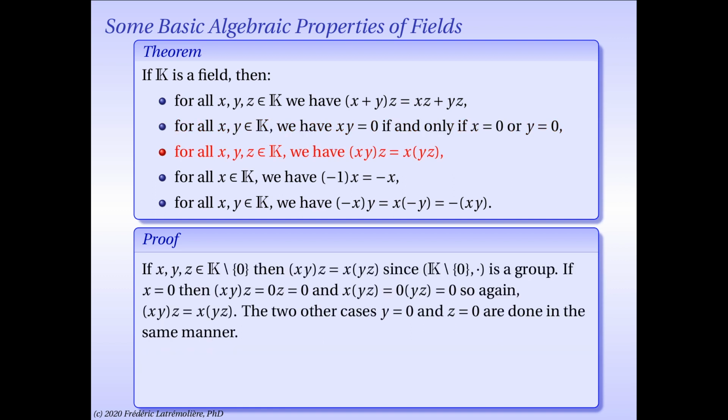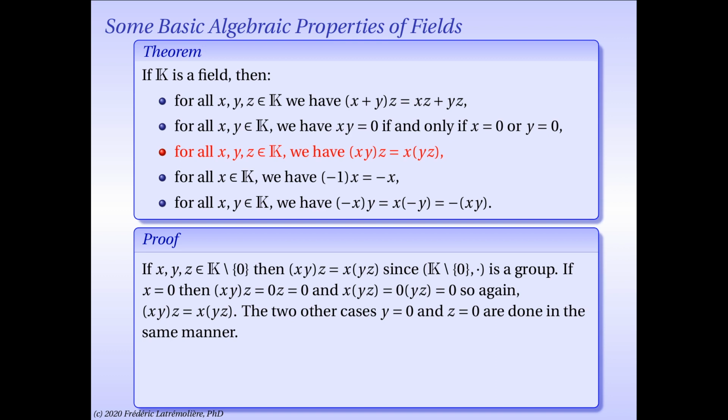Now, I'm going to make a little aside here before proving the converse to this, because if you pay attention to the definition of a field, I only assume that the multiplication is associative on K without the singleton 0. Because that's what I assume is a group, so automatically the multiplication is associative.